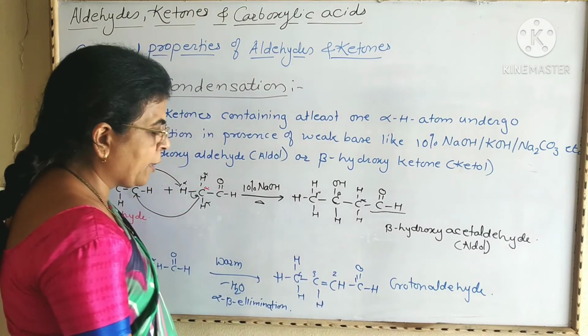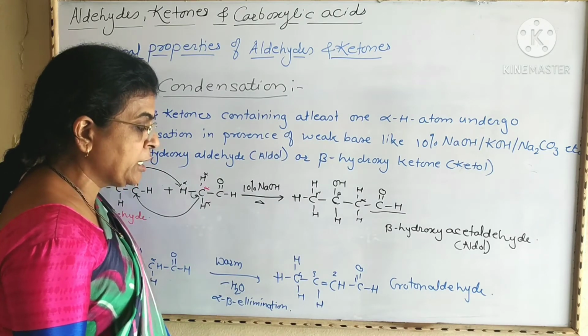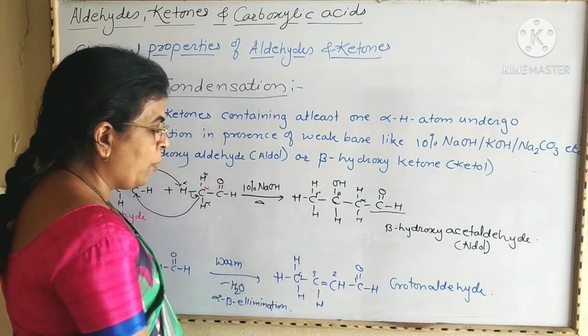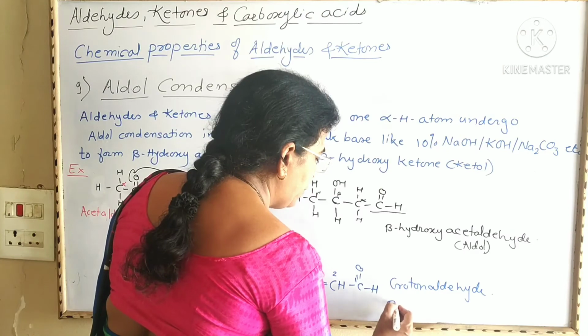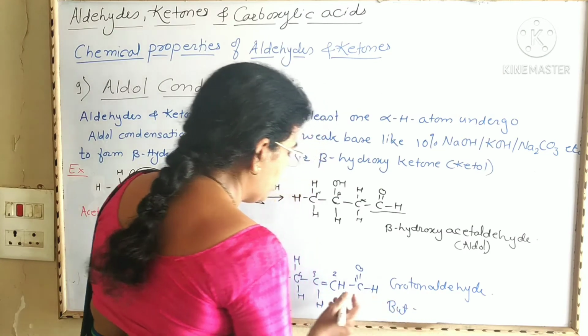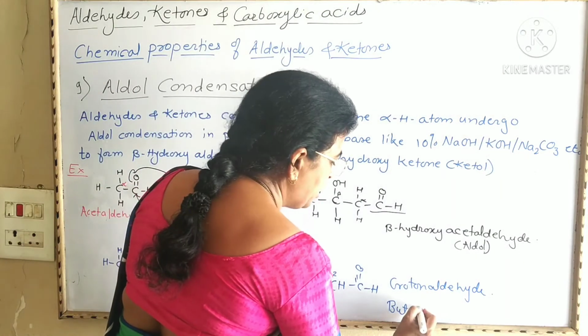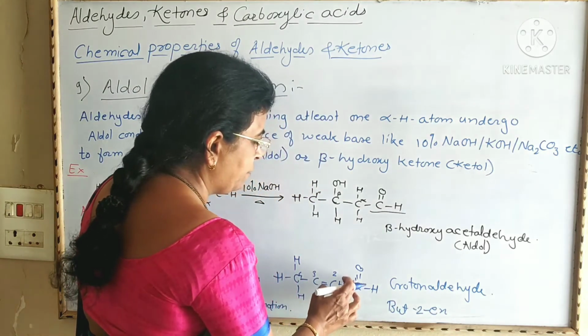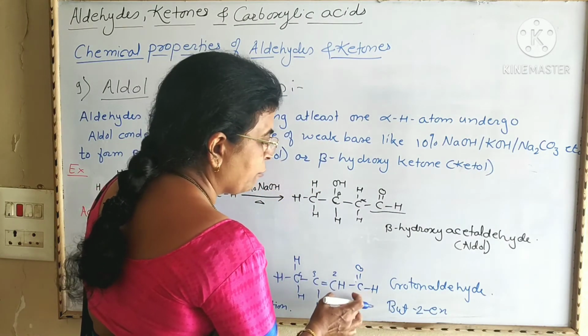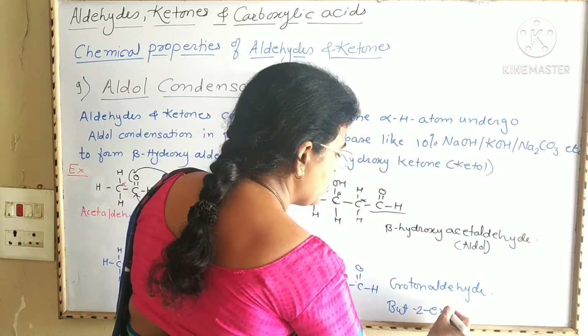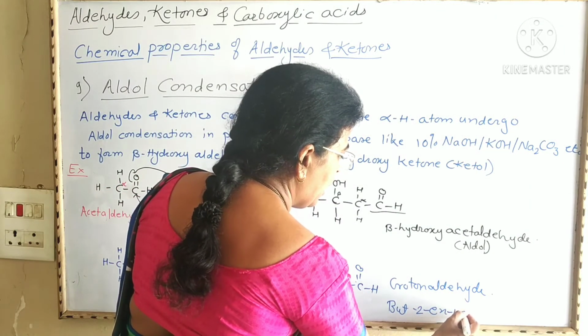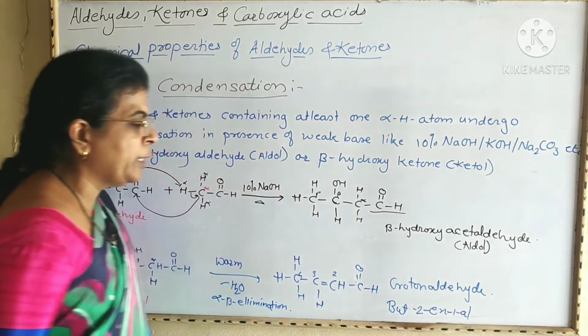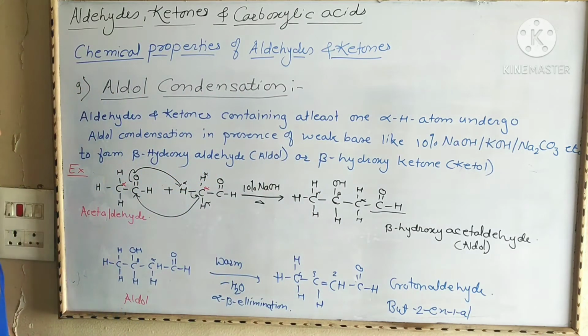Now there are 4 carbon atoms, therefore the parent alkane is butane. But there is a double bond, therefore it becomes butene. The position of the double bond is at 2, but-2-ene. And there is presence of an aldehyde group, therefore it becomes but-2-en-1-al.